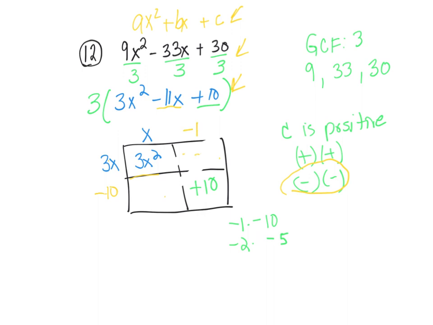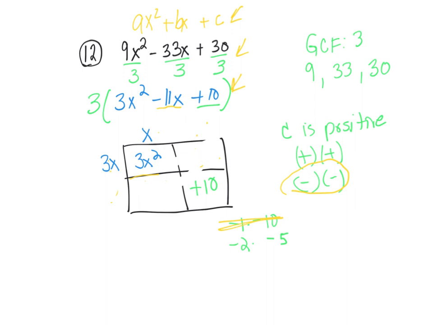And so this would be negative 10 times x, negative 10x, and 3 times a negative 1, and that's going to be a negative 3x. When I add those together, I still don't get the negative 11 that I need. So what that tells me is that this is not the correct pair. The negative 1 and negative 10 is not correct.